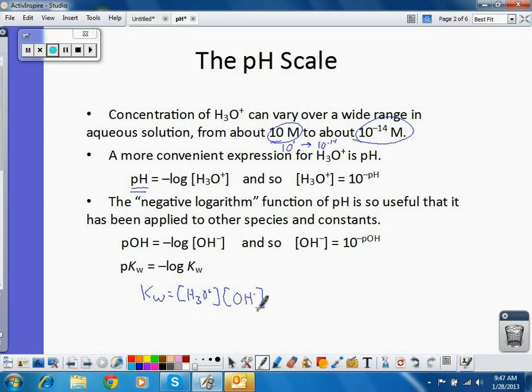Taking this negative log idea and applying it to this equation tells me that pKw is equal to pH plus pOH. And pKw has a value 1 times 10 to the negative 14th. So pH plus pOH, if I take the negative log of 1 times 10 to the negative 14th, I get 14.00. Okay, so this is a very useful relationship when we go to solve questions.